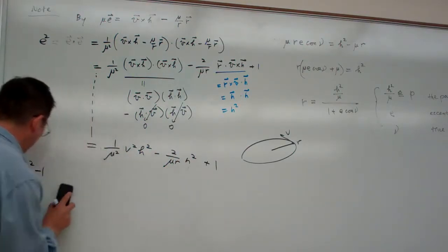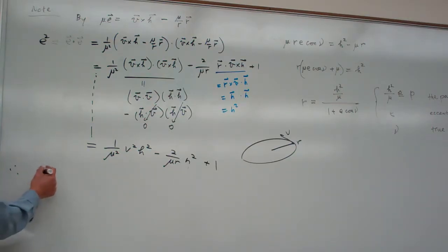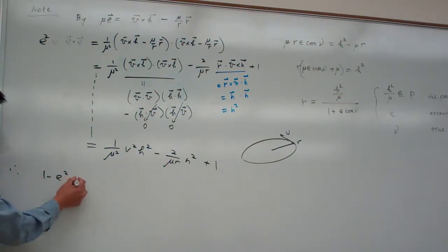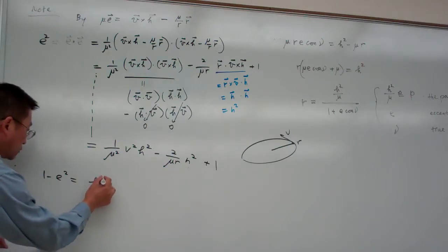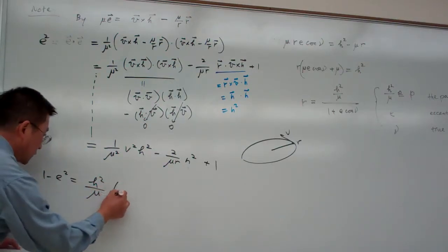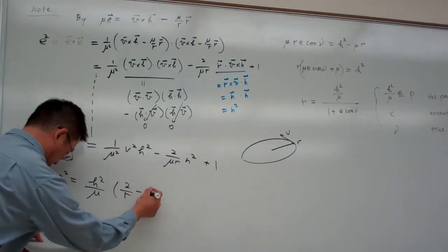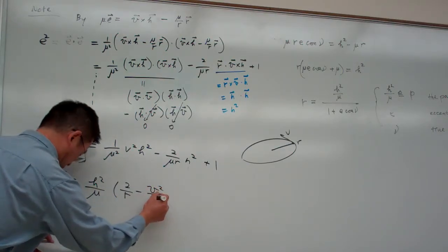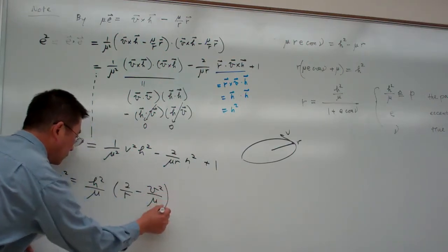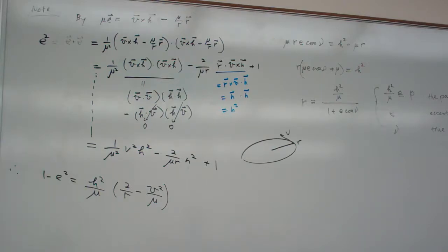Let me skip that part. Therefore, 1 minus E squared equals H squared. I rearrange the terms quickly. Okay, how can we utilize these equations? Let me explain a little bit more.